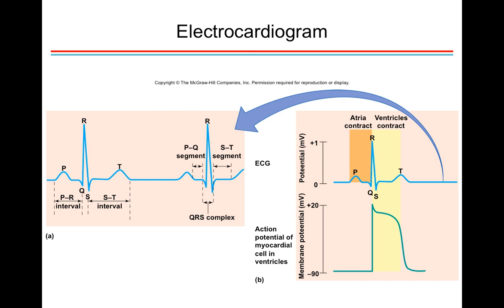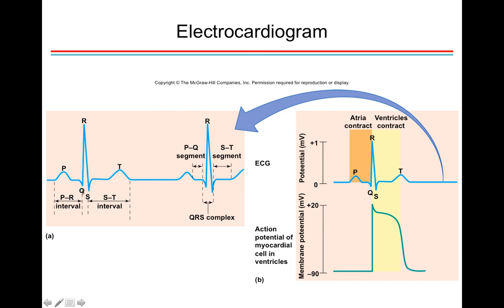So atrial systole is atrial contraction. Atrial diastole is relaxation of the atria. Okay, so again, the P wave is atrial depolarization. The PQ interval is the atrial contraction or atrial systole.